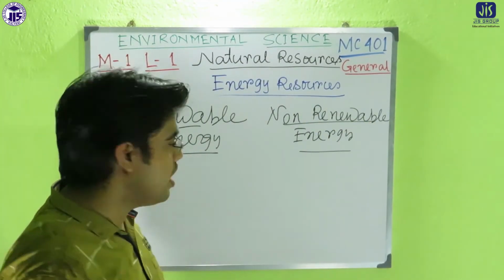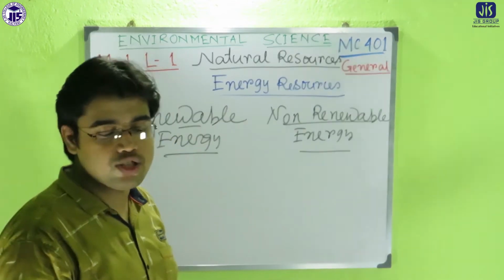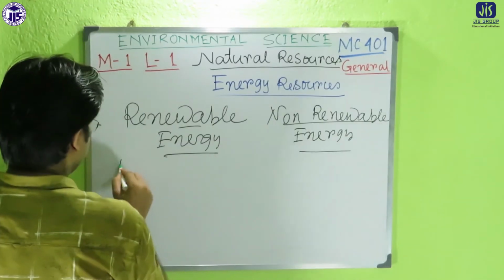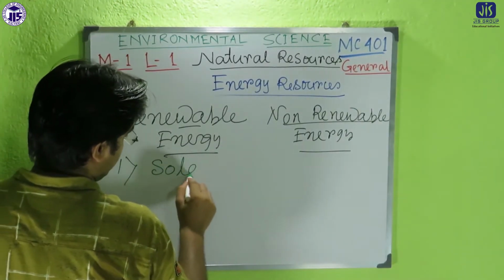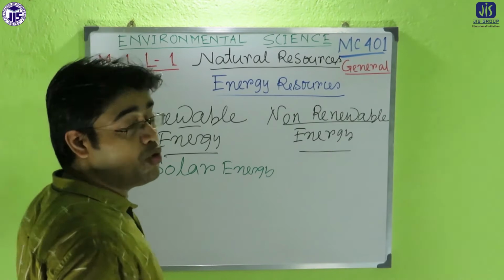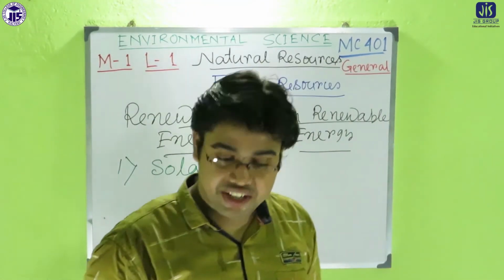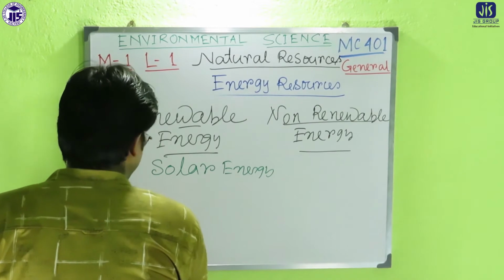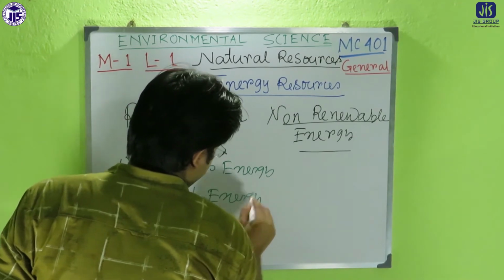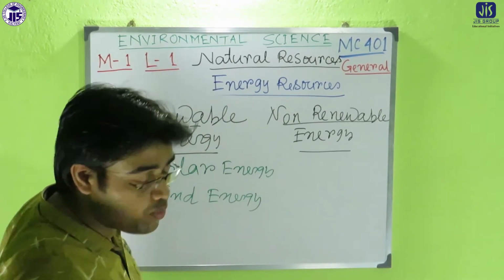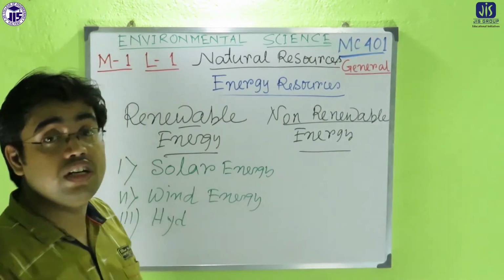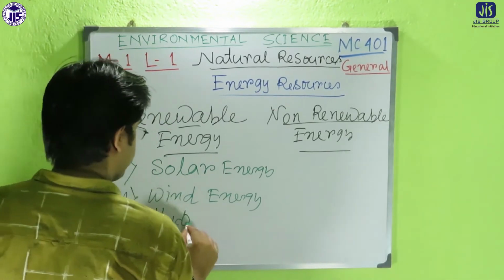There are different examples of renewable energies. The first is solar energy, which is the most common example of renewable energy. The second one is wind energy. The third one is hydropower energy.